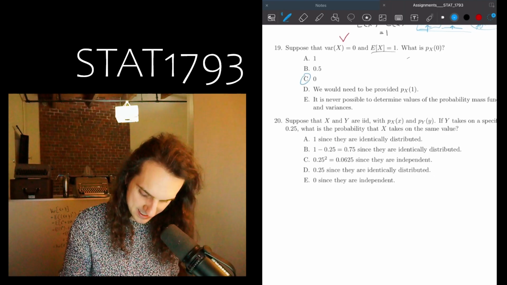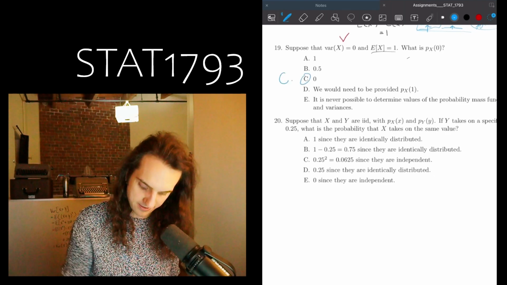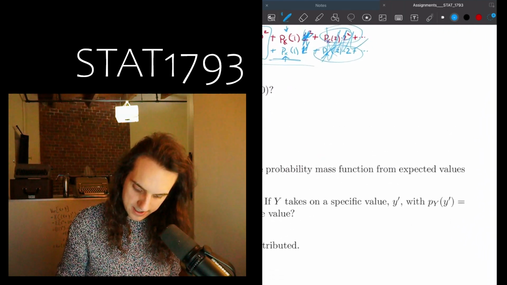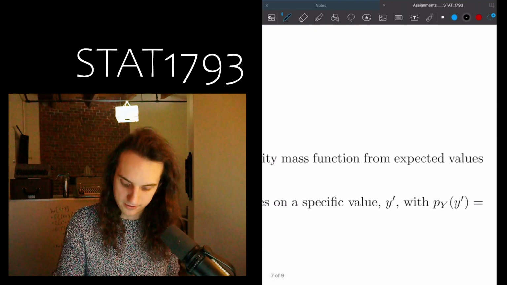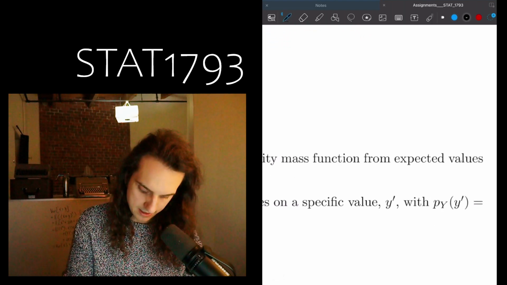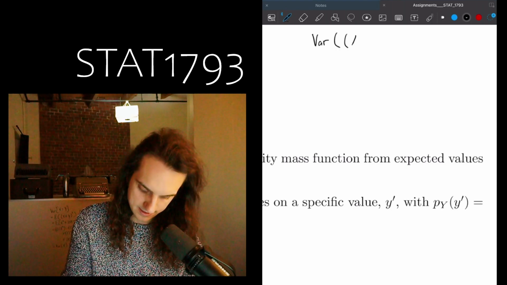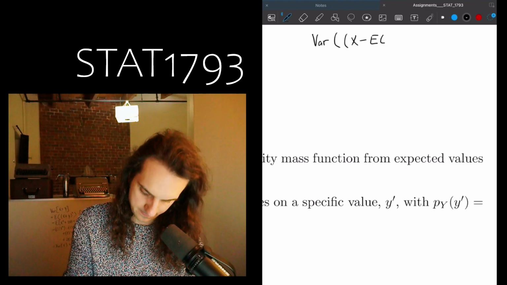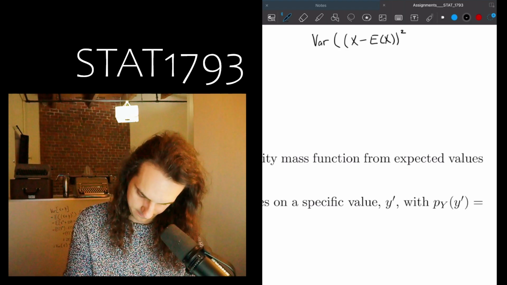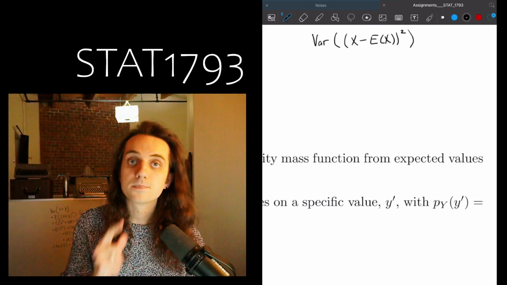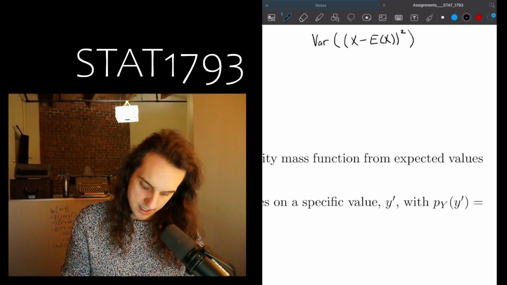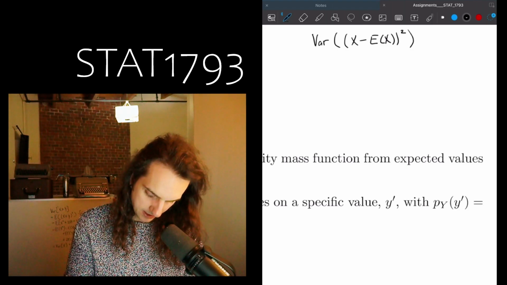I'll mark in that C is going to be the correct answer here, right? But I'll try to do this in a slightly different kind of way. Remember that the expected value measures the squared distance of x from its mean. Or sorry, this should be the variance, not the expected value.